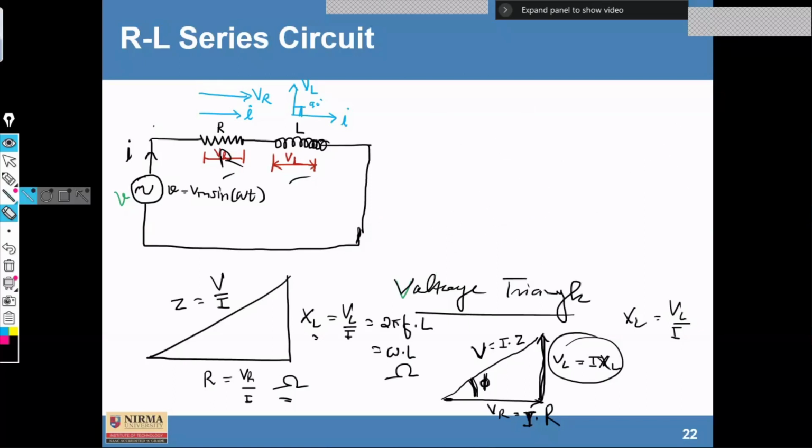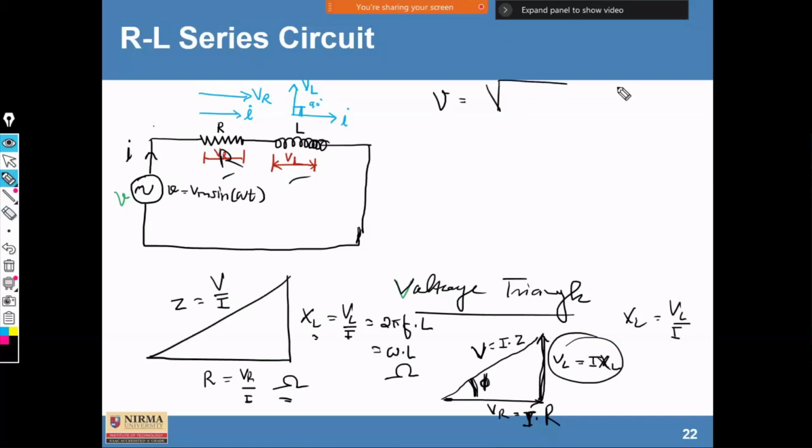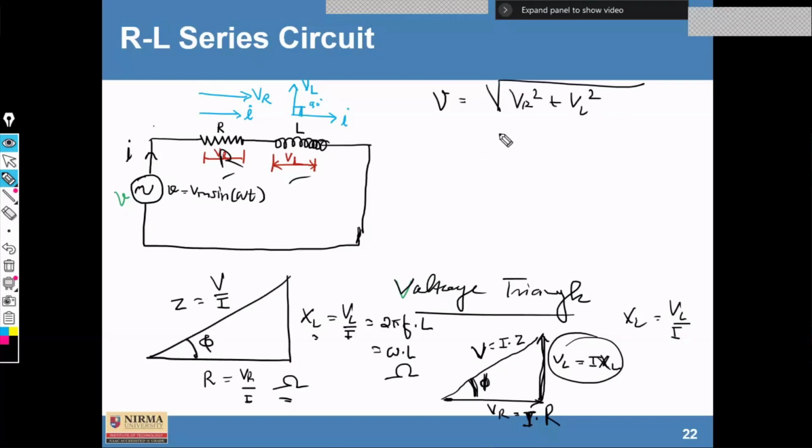So here we can write the equation of V is equal to under root of VR square plus VL square. Similarly, we can write an expression of this equation of voltages according to the circuit diagram. Fine.